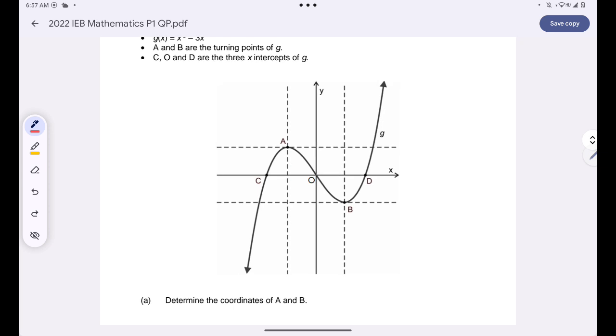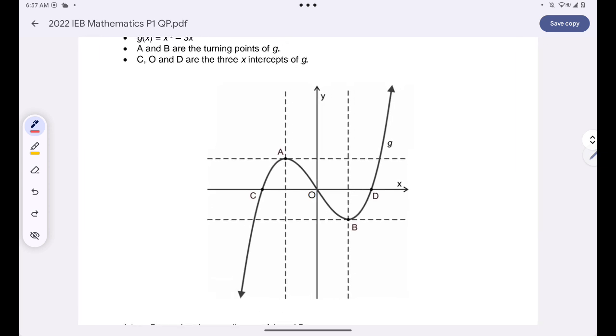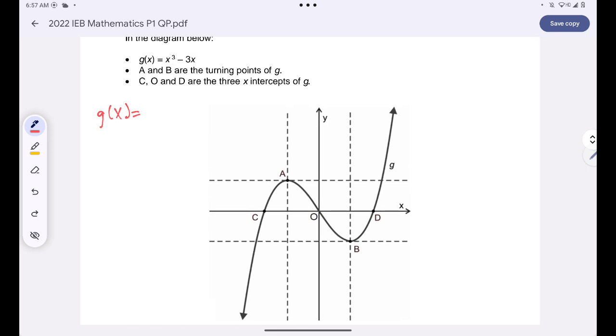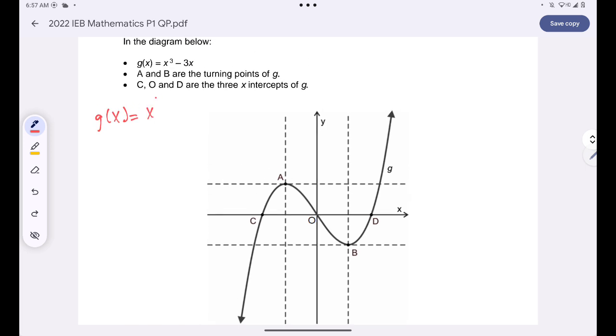So for me to find the coordinates of my turning points, I just need to find the first derivative, equate it to 0, and then solve for x. I'll have g prime of x equal to 3x squared minus 3.